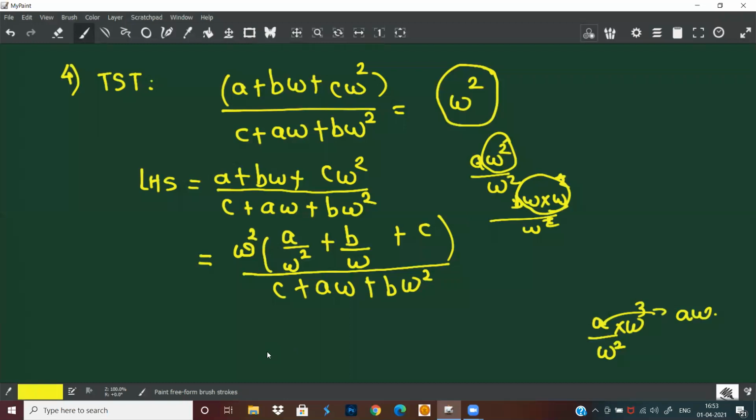But can I just multiply by omega cube? Yes, I can. Since omega cube is 1 and anything into 1 is the same number.